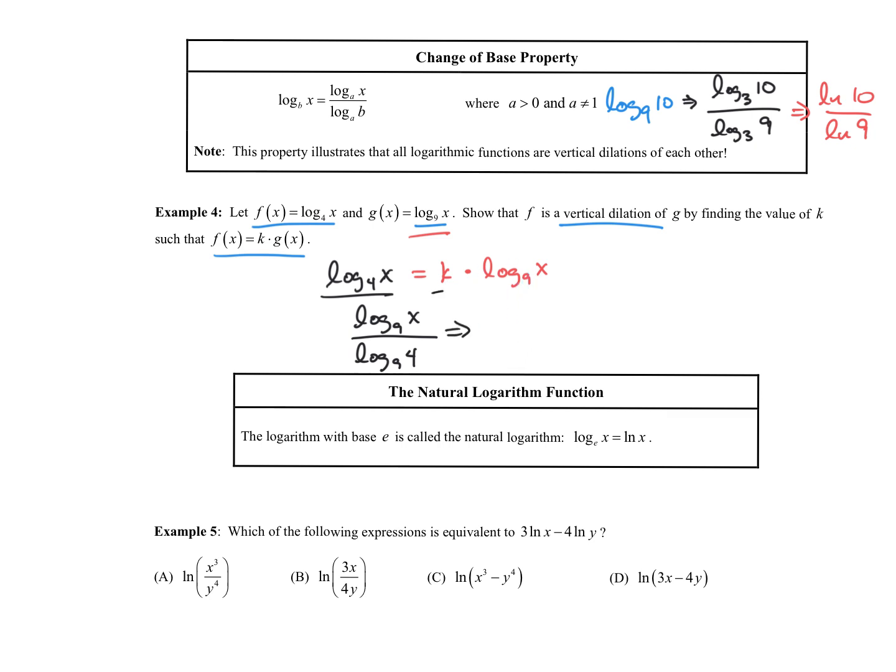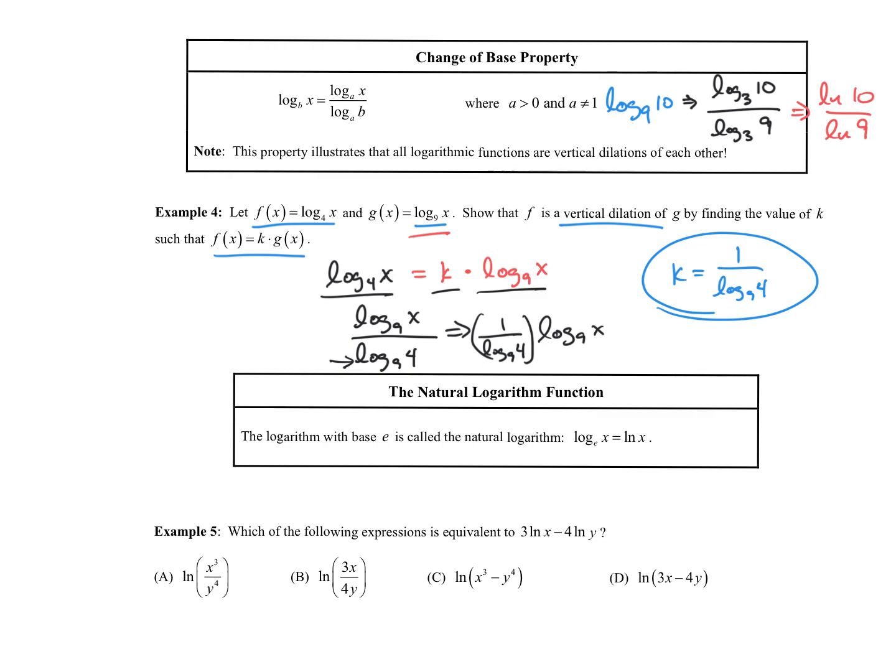I have a log base 9 coming out front, so my constant multiple out here is dividing by log base 9 of 4. So this is really 1 over log base 9 of 4. And guess what k is? 1 over log base 9 of 4. There we go. That's how we use change of base. We'll use change of base for other things, but that's what we manipulated there.